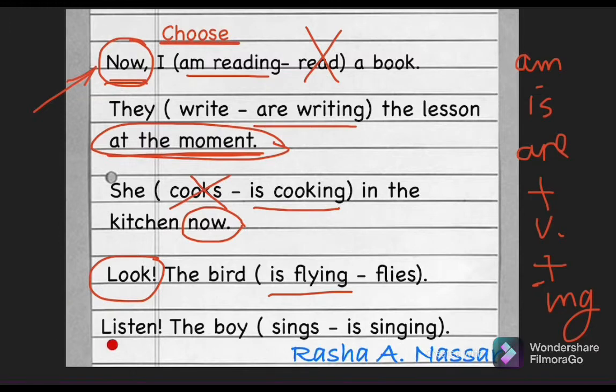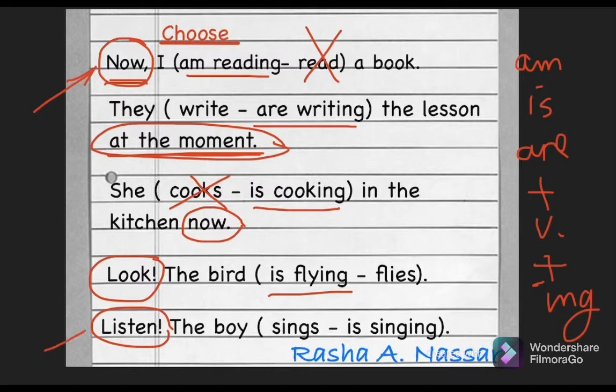The last one, listen. The boy sings or is singing. Excellent, students. I have here the key word listen.